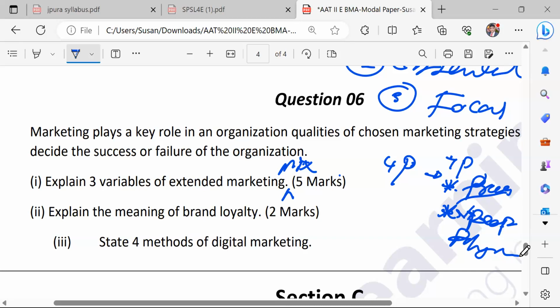What is the first one? We can use electronic mail, email marketing. Email marketing, content marketing. We can use some content like statistics.